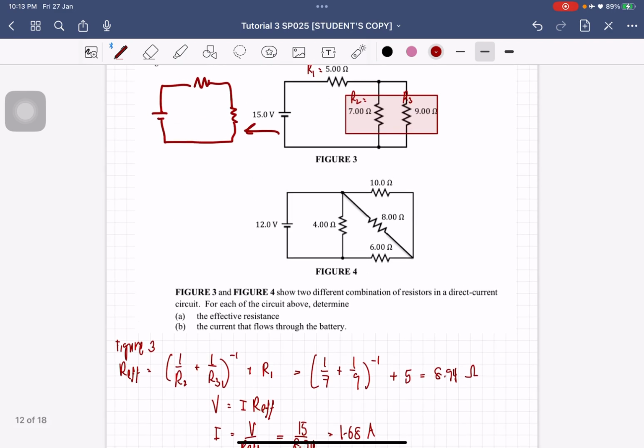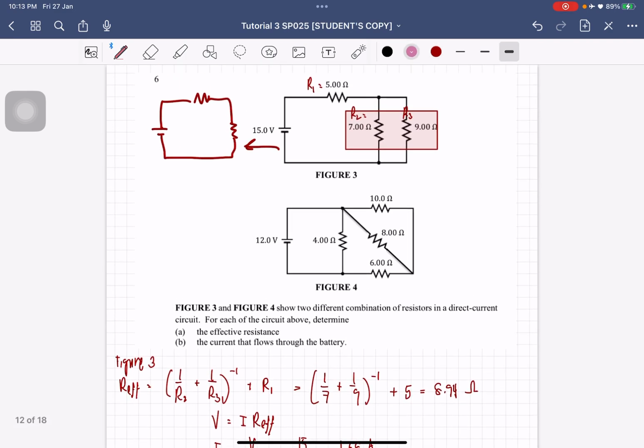Basically the current flowing through the circuit is this whole thing here. So this is the current I. That's why you use this V and the effective resistance here.